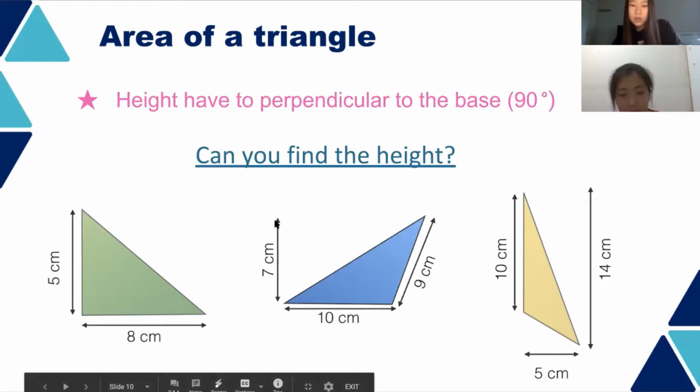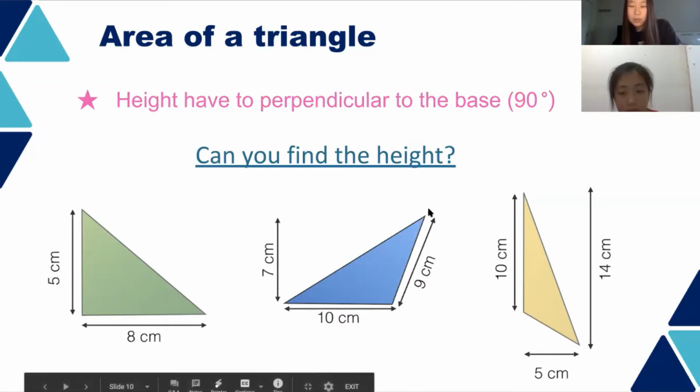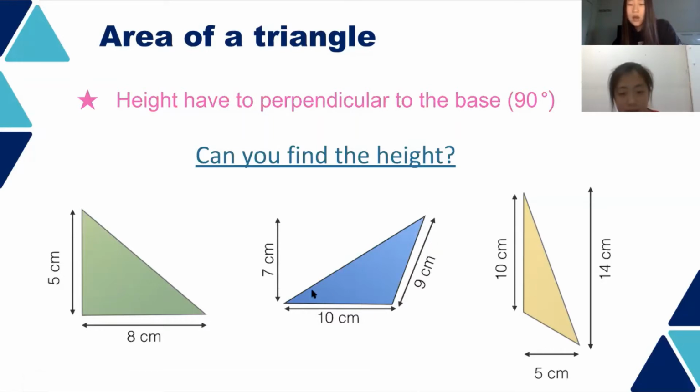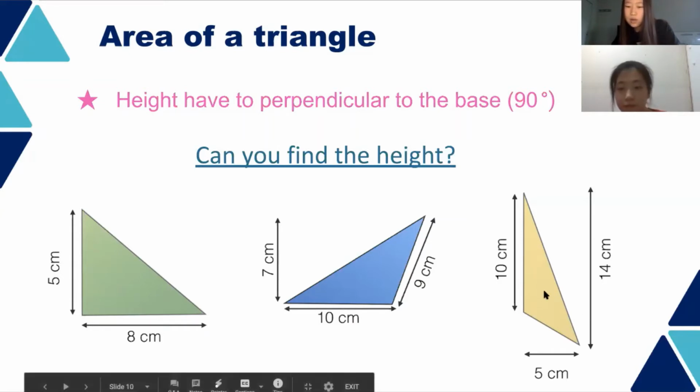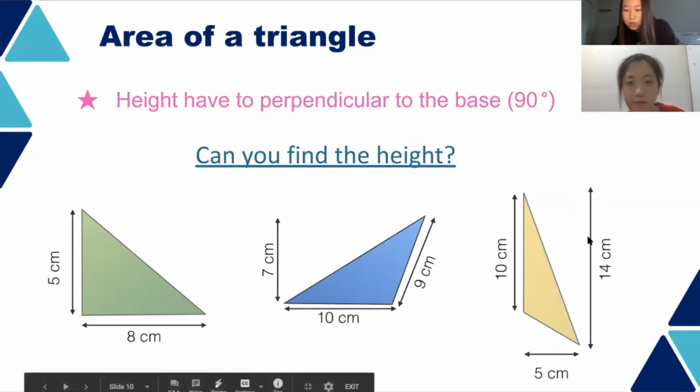And like we said, the height has to be perpendicular to the base. So in this case, the 9 centimeter line wouldn't form a perpendicular angle to the 10, whereas the 7 will form a 90-degree angle to the 10 centimeter line. For the yellow triangle, it's the same as the blue triangle. The 14 wouldn't be the base.